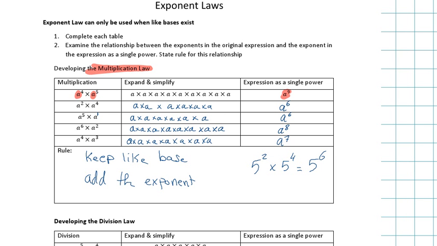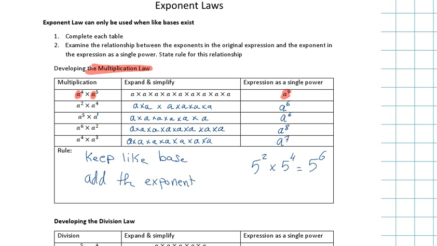You see how the base stays the same. The base doesn't change. You're not multiplying the 5, you're not adding the 5, you're keeping the base the same. Are you guys okay with this?